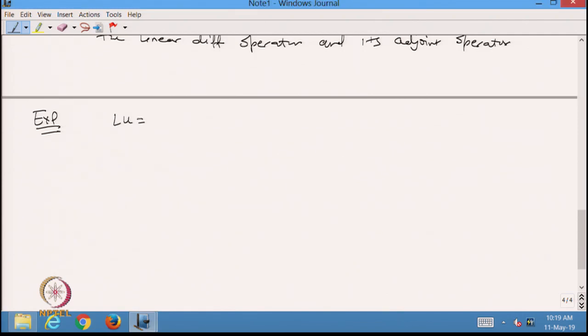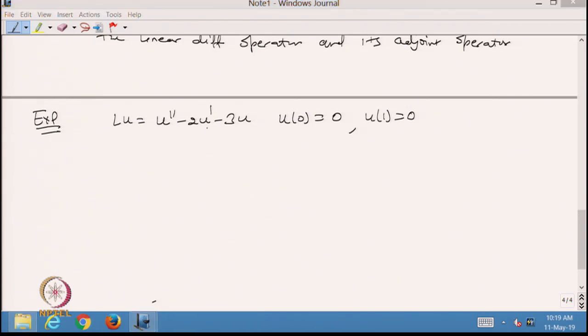L u is equal to u double dash minus 2 u dash minus 3 u, with u at 0 equal to 0 and u at 1 equal to 0. This is a linear second order differential equation boundary value problem we are taking, where x belongs to [0, 1].